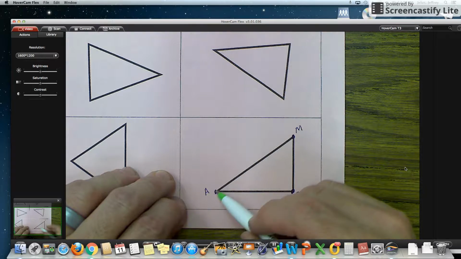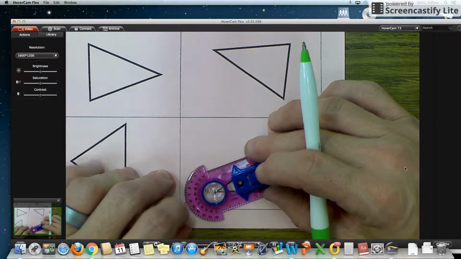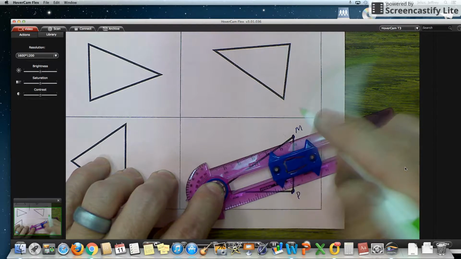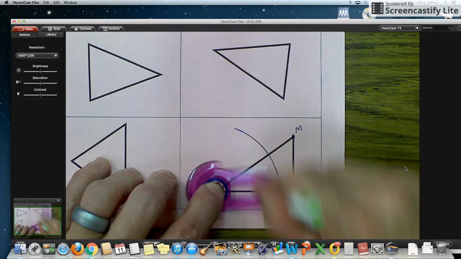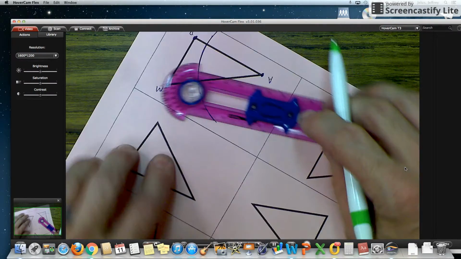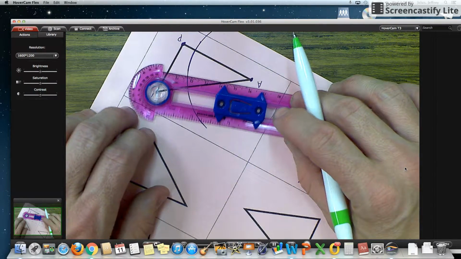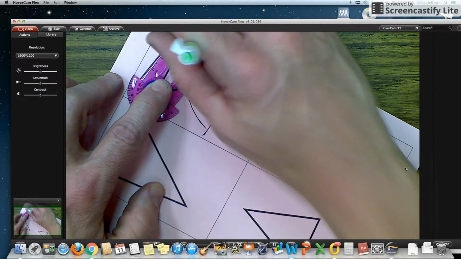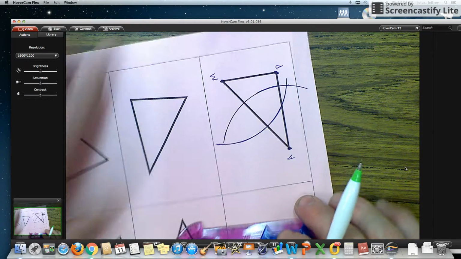So I'm going to find the perpendicular bisector of AM. I've got to extend my slider over halfway, make my arc. I'm going to come over and rotate my paper, put my center of my compass on M, make my arc. Oops, look what happened.